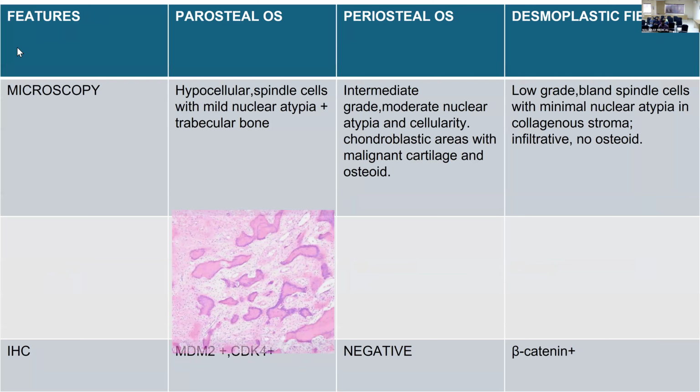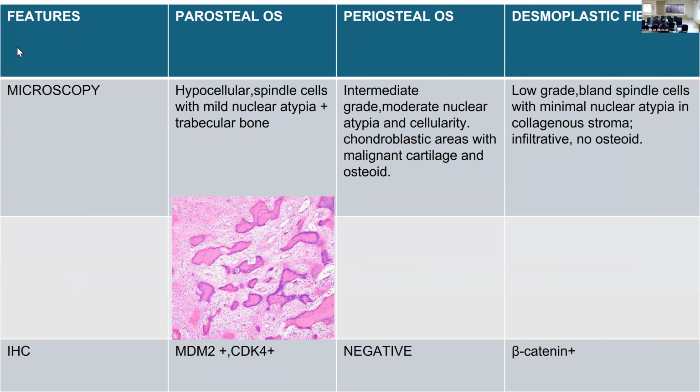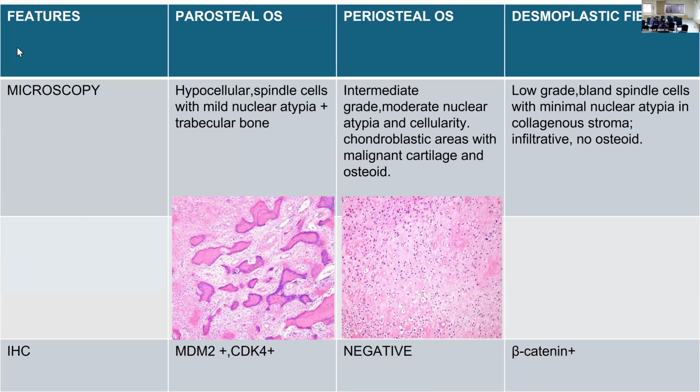Microscopically, parosteal osteosarcoma is a hypocellular neoplasm with spindle cells showing mild nuclear atypia plus trabecular bone. IHC-wise, it is positive for MDM2 and CDK4. Periosteal osteosarcoma is an intermediate grade tumor with moderate cellularity and moderate atypia, with chondroblastic areas, malignant cartilage and osteoid, and it is negative for MDM2 and CDK4.